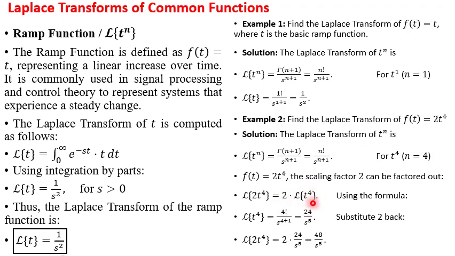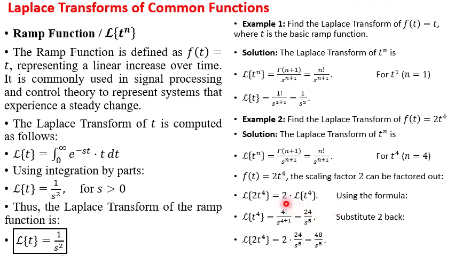So the Laplace transform of t raised to power 4 is 4 factorial all over s raised to power 4 plus 1. Now 4 factorial simply means 4 times 3 times 2 times 1.